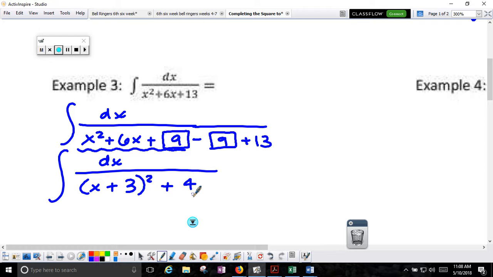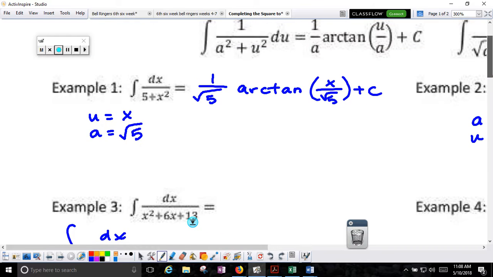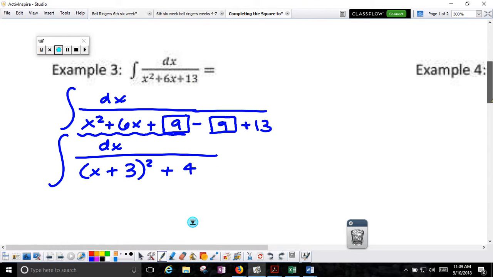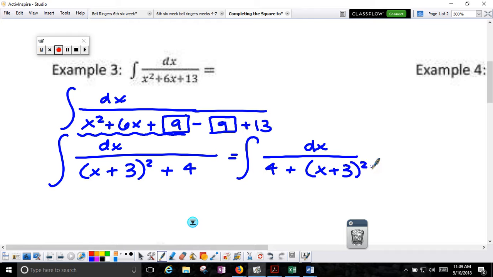So if we compare this to the formula at the top, we need to identify our u and our a. So let's just flip the order around. Order doesn't matter when you add. So 4 plus x plus 3 squared. So you see that our a squared is 4. So a is just 2. Our u is going to be x plus 3.